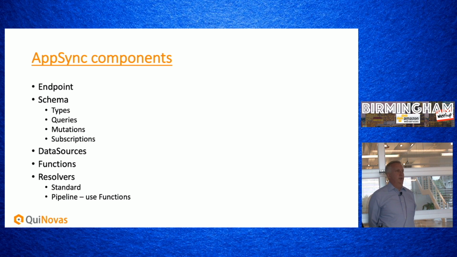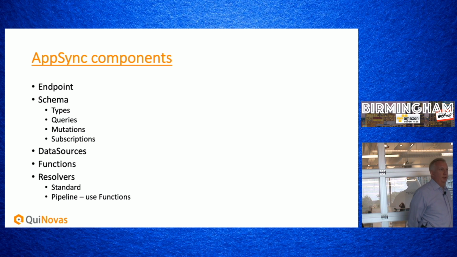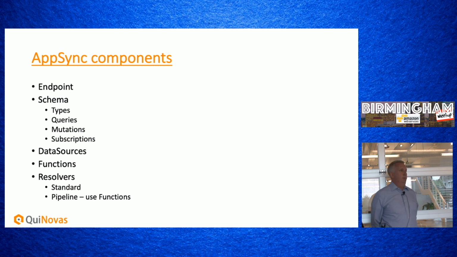The next component, which is a new one for AppSync, is called functions, and we'll talk about those in a second. Functions are back-end processes that run inside of AppSync that do not actually return results to the client at all. They are reusable code.